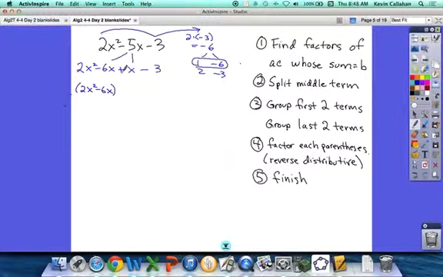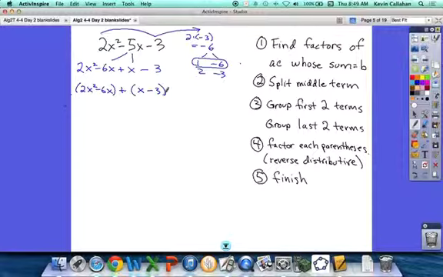Now this plus, which is in between the second and the third term, goes in between the parentheses, right? That is an addition, right? We're not multiplying these parentheses, not yet. Okay. And then I've got the x minus 3. See how that works? Group the first two, group the last two.